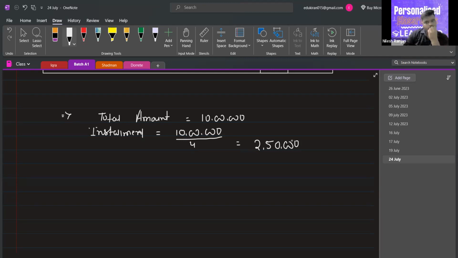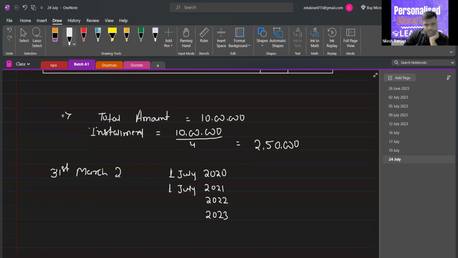Now, if we have to pay this 2,50,000 in 4 equal yearly installments, the first installment is 1st July 2020. The second is 1st July 2021, then 2022, and then 2023. We are closing our books on 31st March 2020.